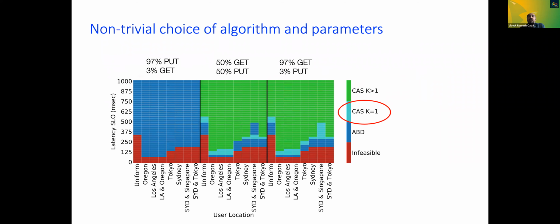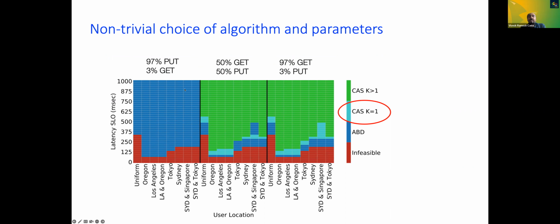Here's a picture. The x-axis represents the spatial distribution of workloads, and the y-axis is latency. Here, the 1 or 2 locations carry a majority of the load, shown on the x-axis. Depending on the target latency, the optimizer chooses ABD or CAS and the corresponding parameters.